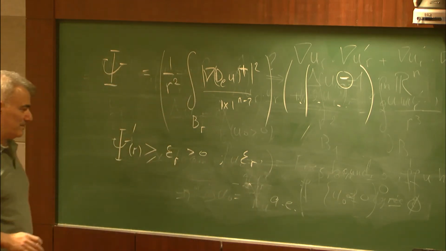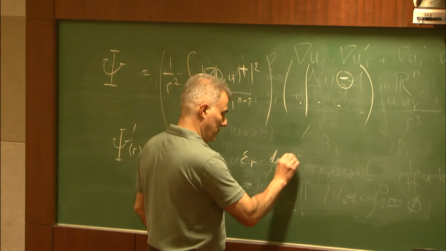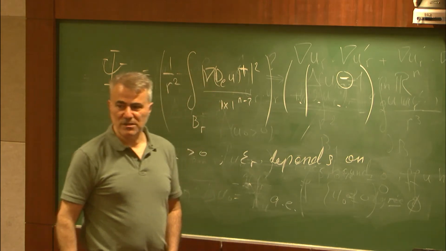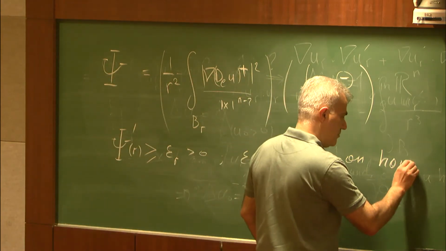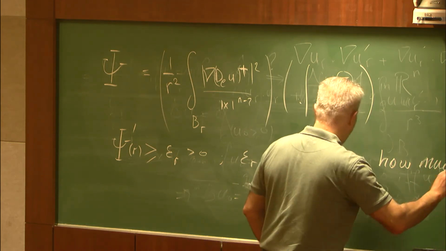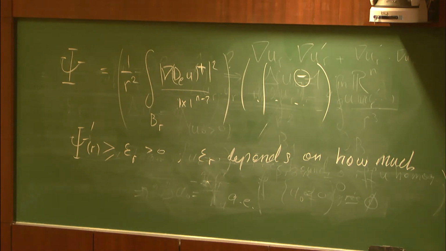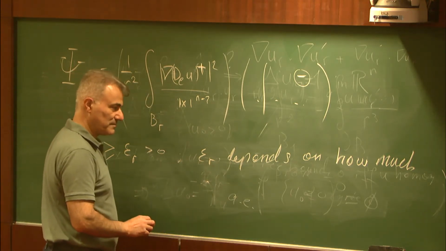I'm writing it in a little bit confused way, but epsilon r depends on how much. You can actually find epsilon r in one of my papers with Luis Caffarelli and Larry Carr. There's a computation, and you can find it exactly. It's not important. What's important is that it's strictly positive.